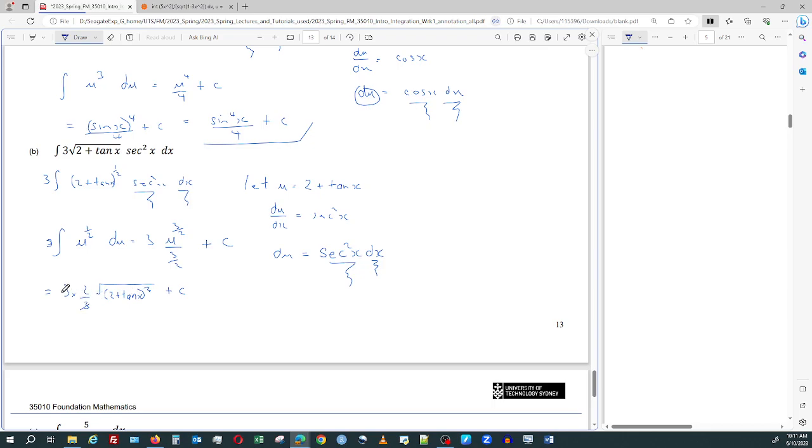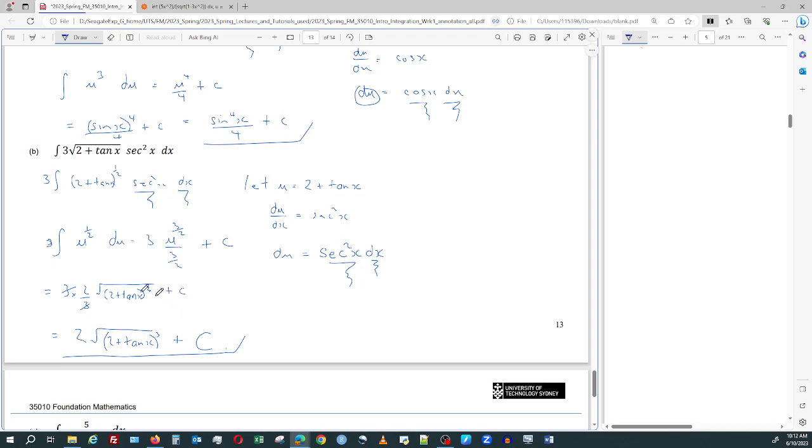So these are cancelling, and our final result is 2 plus tan x all raised to the power 3 on 2, plus C. So a fairly straightforward result if we do it that way.